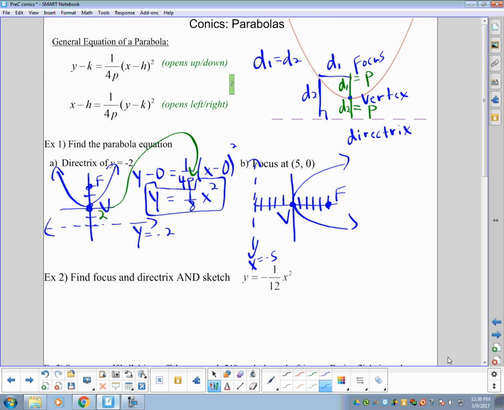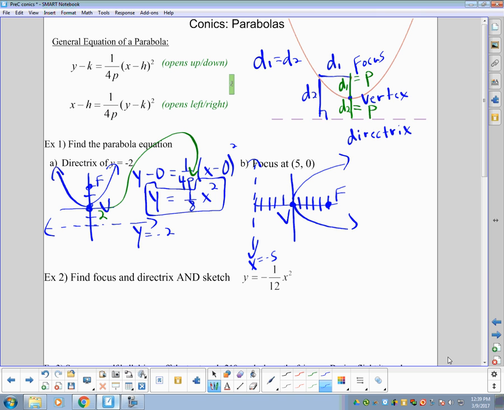But if you want to write this in function form, you just add the k over. They do that in the calculus solutions in our AP exam. They'll write the parabola equation in this form, but with the k added over to the other side.